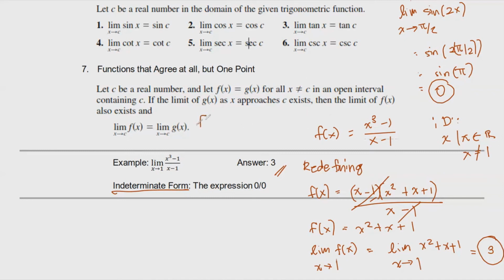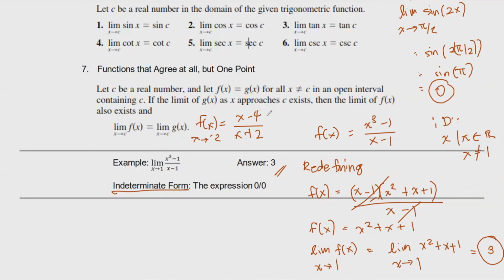For example, I have f of x equals x minus 4 over x plus 2, and the limit as x approaches negative 2. If we substitute negative 2 here, what we get is negative 6 over 0, and negative 6 over 0 is actually undefined.